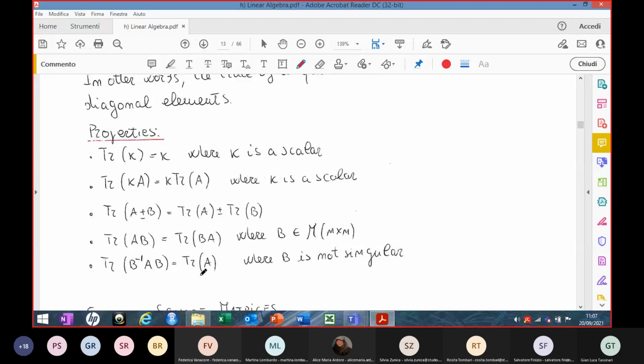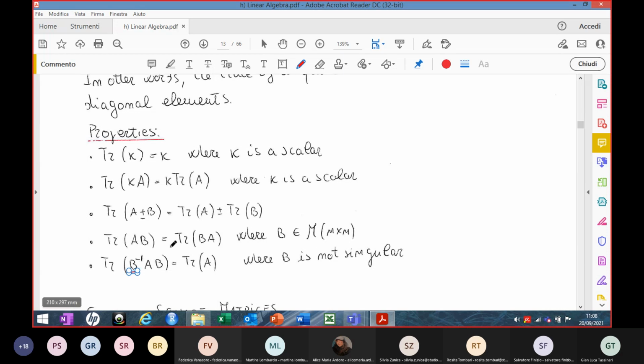Suppose again this product is feasible and what you get is a matrix of order n. We will still have to see what it is. This is called the inverse, and I will explain it. If you have the inverse of B times A times B, again a square matrix, it is possible to show that the trace of this matrix is simply equal to the trace of A. B not singular means that you can compute the inverse, but I still have to explain it.